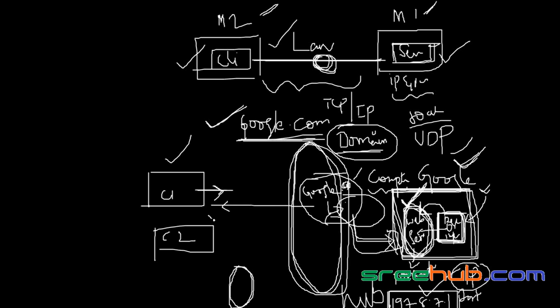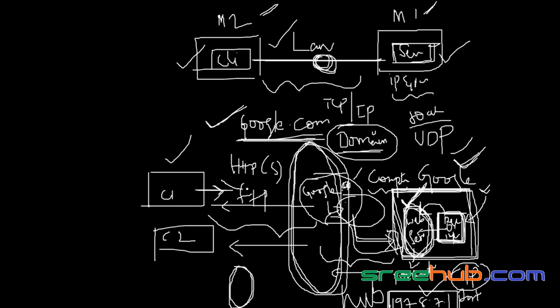And this complete connection, from client to hub, from hub to server, and back to hub and back to client, works on some protocols. It can be HTTP, or it can be HTTPS, it can be FTP, any protocol. But mainly for all the web application and web development things, we'll be checking HTTP.